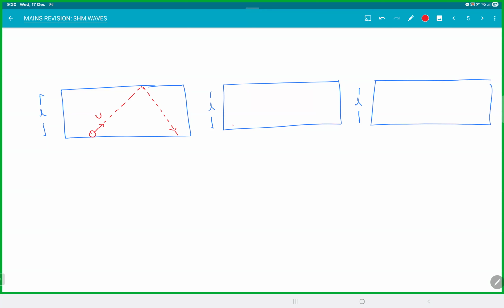In another case, you projected the ball from this corner, it comes back like this. Another ball you projected like this, it hits here and comes back like this. So they hit the wall and they come back. This is the top view, there's no gravity.